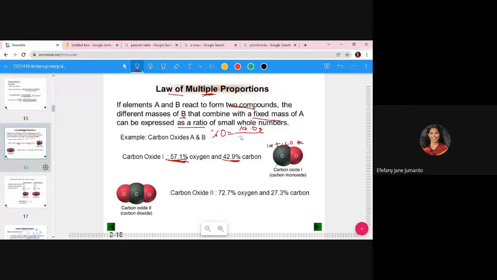Okay, so divided by 28. So percent oxygen is equal to 57.14. So percent oxygen is 57.12%.